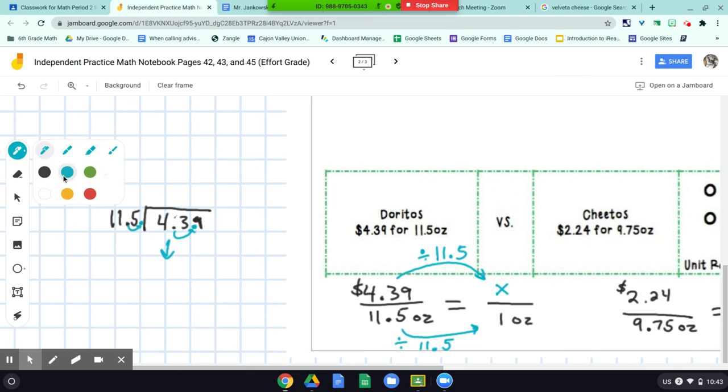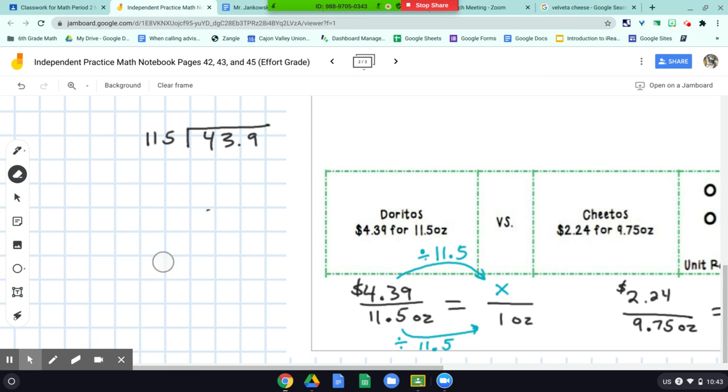I was kind of running out of space here. Let's see. I need a lot of space for this. So I'm going to do this over here. 4 and 9/10 divided by 115. No decimal there. We remove the decimal from the divisor and we move the decimal in the dividend over.